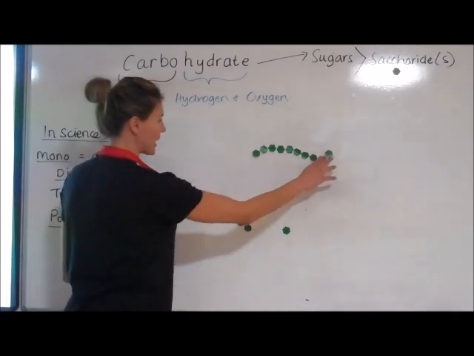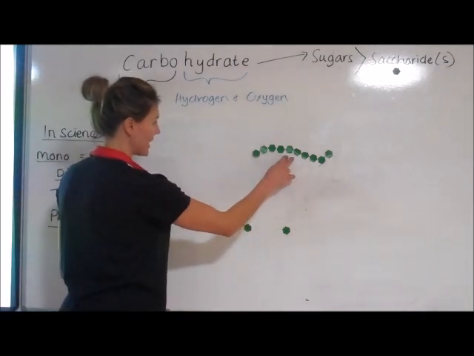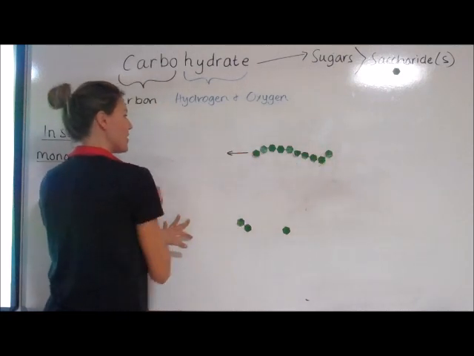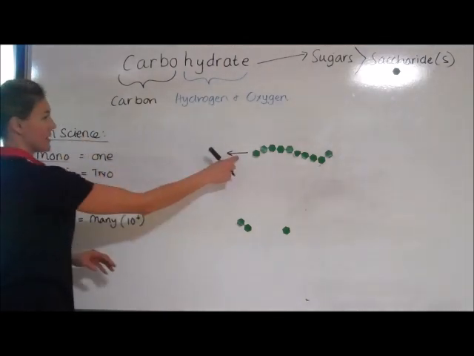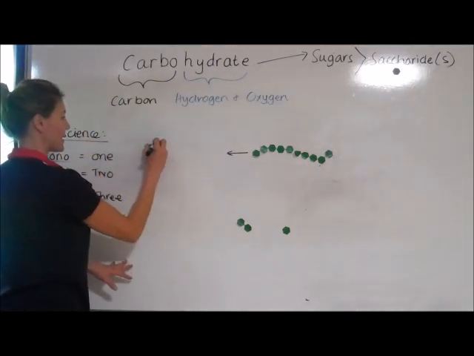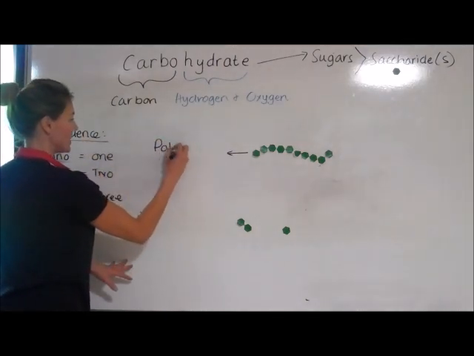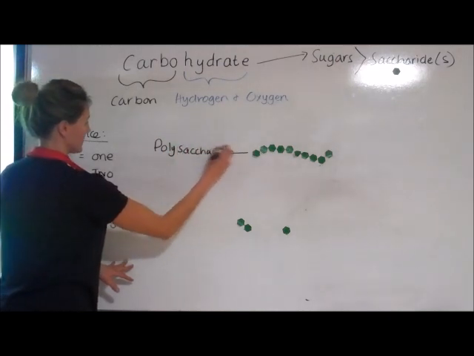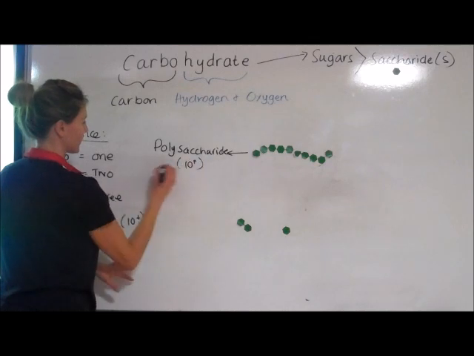So here in my chain of saccharides, I've got 2, 4, 6, 8, 10. Because I've got 10, the term I would give to this carbohydrate is a polysaccharide. It's got 10 plus. Poly.